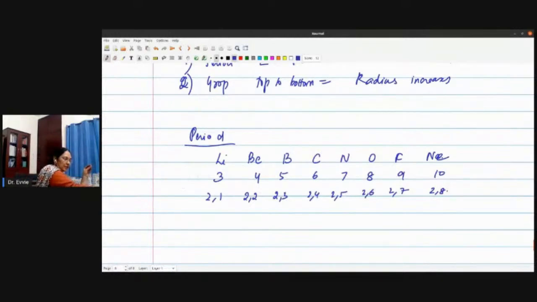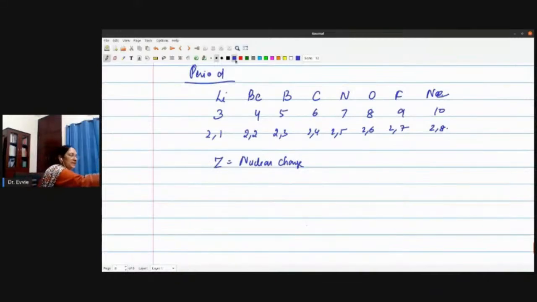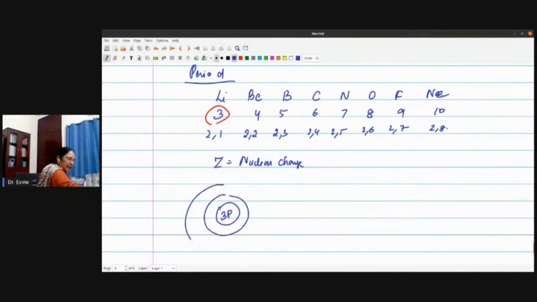Z value is the number of protons. So your Z is also equal to your nuclear charge, the charge on the nucleus. Suppose I consider this one, 3. It will have 3 protons in the nucleus, and the electrons will be attracted by the nucleus.